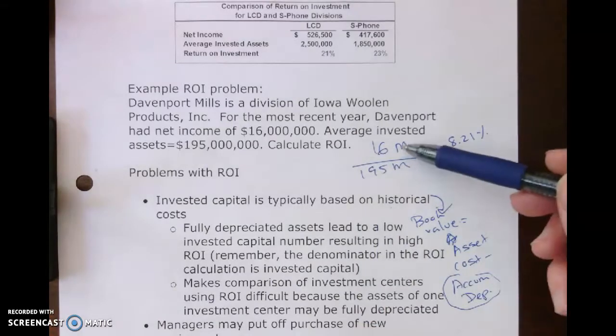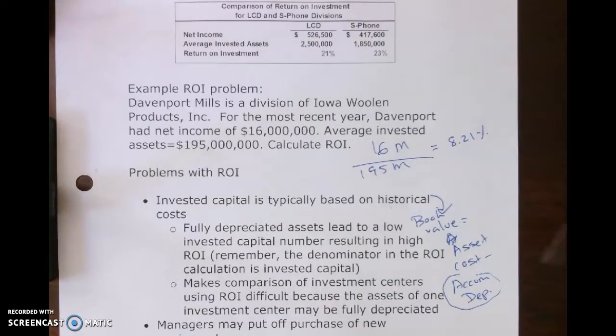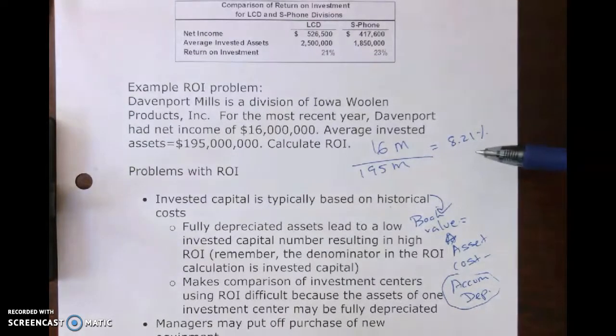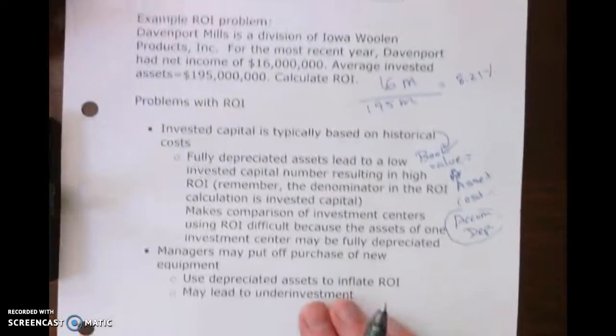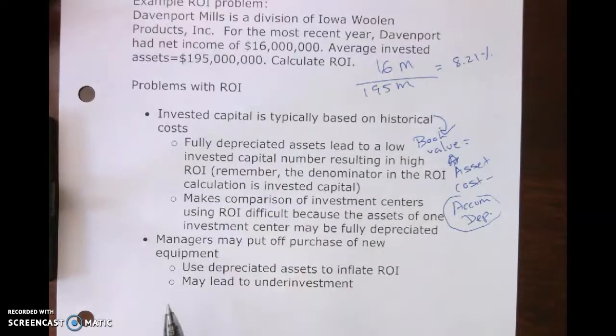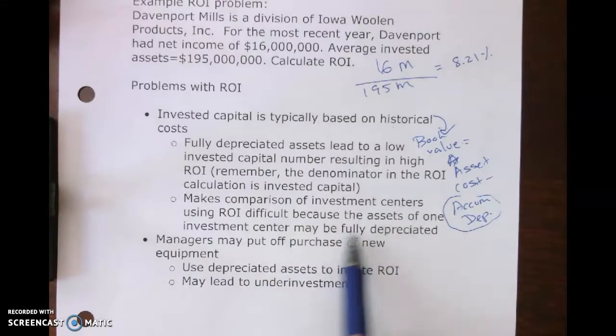And if this number stays the same, what happens to return on investment? You're dividing by a smaller number. The output, the return on investment number, therefore increases. Okay? And that can make comparison of investment centers using return on investment difficult because some assets may be fully depreciated in one investment center and not fully depreciated in another investment center.